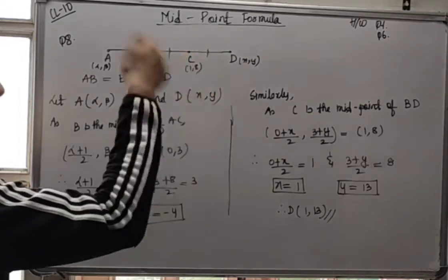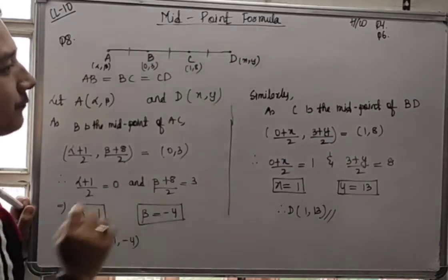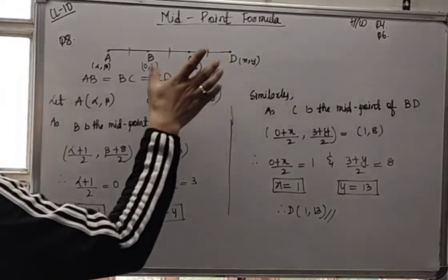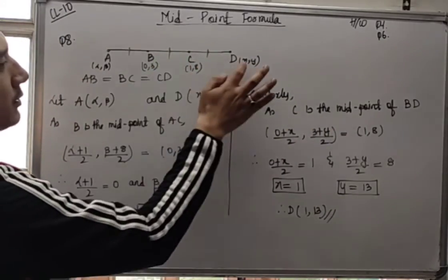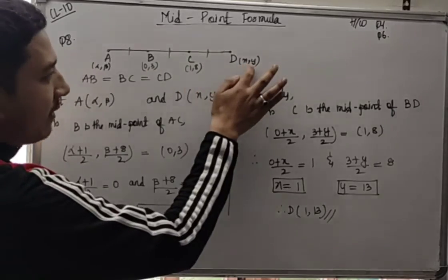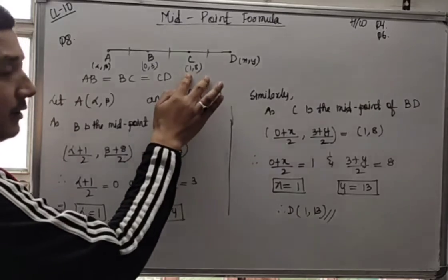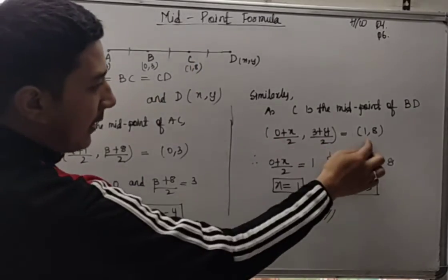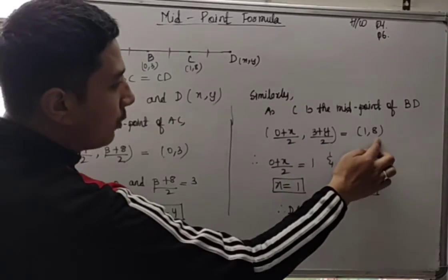The same thing we'll do with BD. Similarly, as C is the midpoint of BD, can I write (0 plus x) divided by 2, (3 plus y) divided by 2 equals (1, 8), because this is also midpoint and this is also midpoint. Comparing, I'll be getting this equals 1, this equals 8.